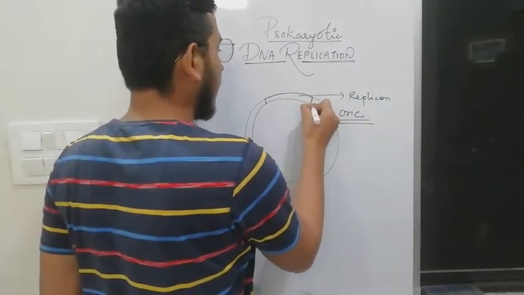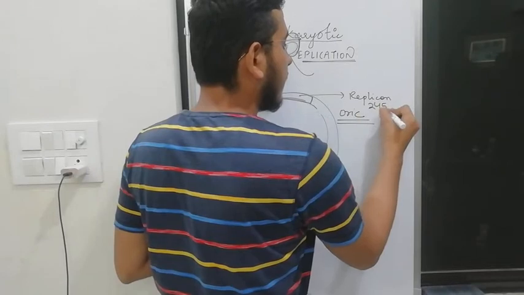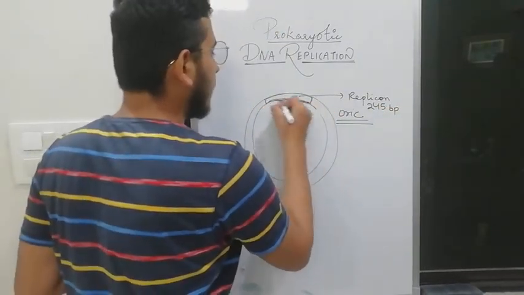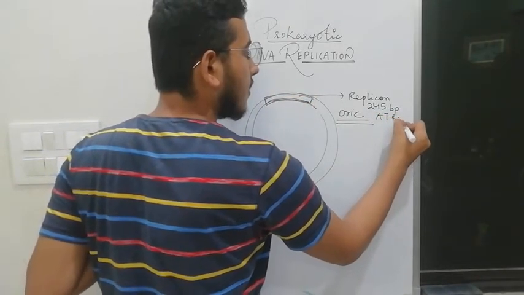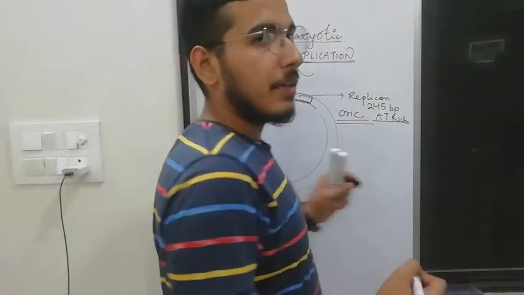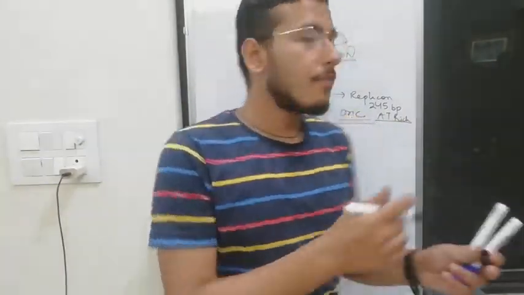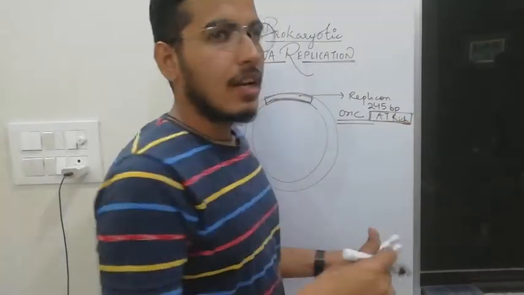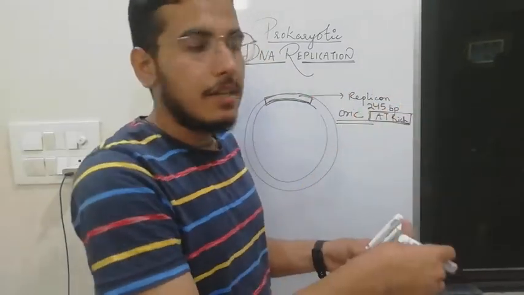The replicon is 245 base pairs, and it is AT-rich. In the replicon where the replication starts, the AT nucleotides are more in number, so that site is rich in AT.